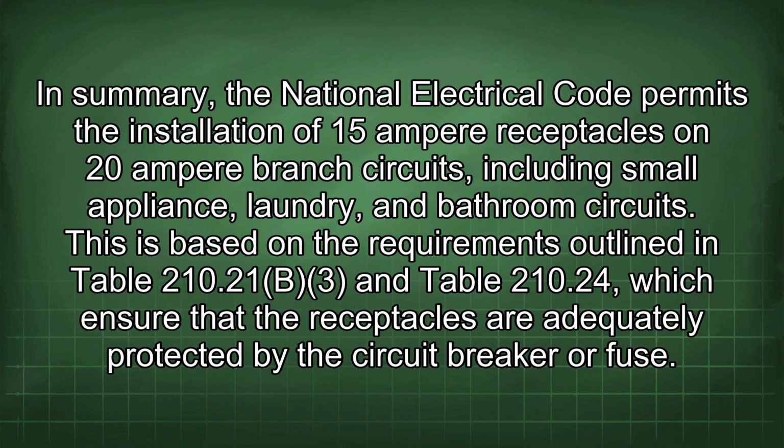In summary, the National Electrical Code permits the installation of 15 ampere receptacles on 20 ampere branch circuits, including small appliance, laundry, and bathroom circuits. This is based on the requirements outlined in 210.21(B)(3) and Table 210.24, which ensure that the receptacles are adequately protected by the circuit breaker or fuse.